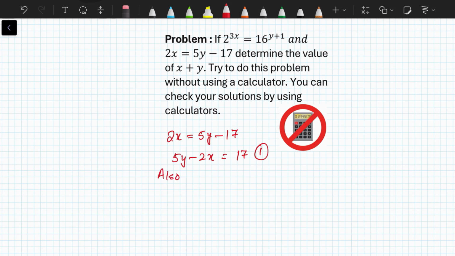The other part is also given to us. What's that? That's 2 raised to power 3x is equal to 16 power y plus 1. I can change that to 2 power 4 raised to power y plus 1. And you can say it's 2 raised to power 4 into y plus 1, or this is 2 power 4y plus 4.